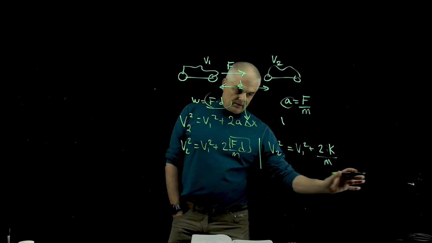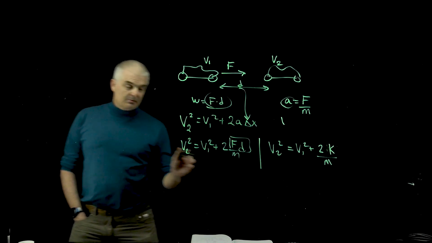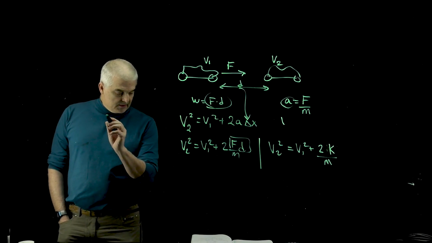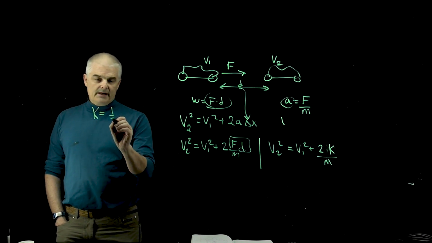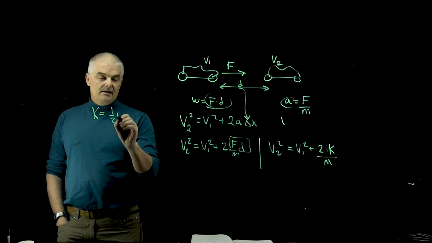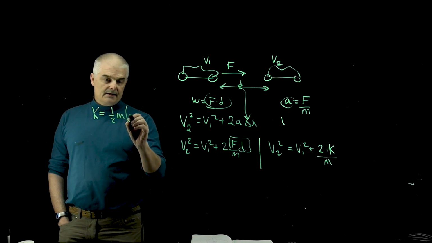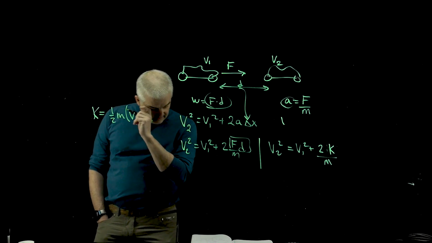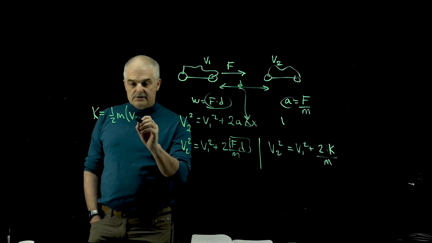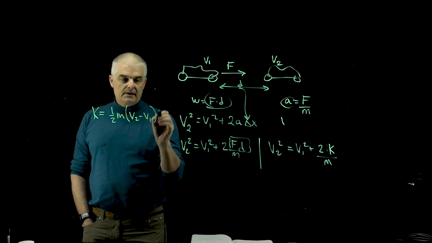Now, if you simplify this equation, what you get is that the kinetic energy, or K, is equal to 1/2 times m times (V2 squared minus V1 squared).